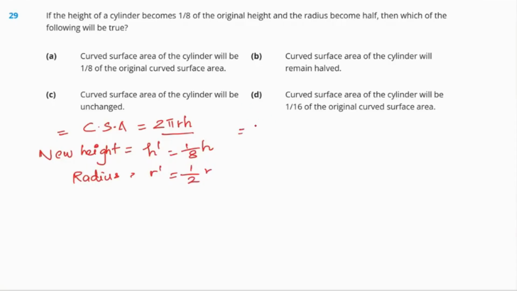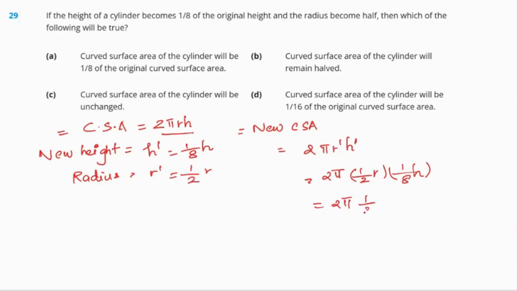Now we will find the new curved surface area. The new curved surface area will be 2 pi r dash h dash. Instead of r and h, we give r dash and h dash. So this becomes 2 pi into 1 by 2 r into 1 by 8 h, which is equal to 2 pi into 1 by 2 into 1 by 8 into rh, which equals 2 pi into 1 by 16 into rh, or 1 by 16 into 2 pi rh.